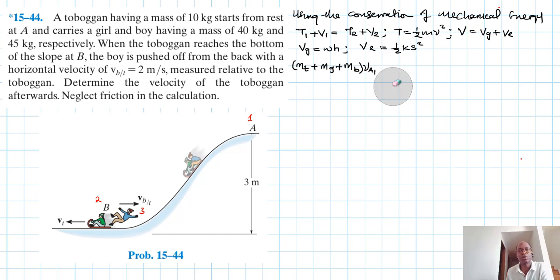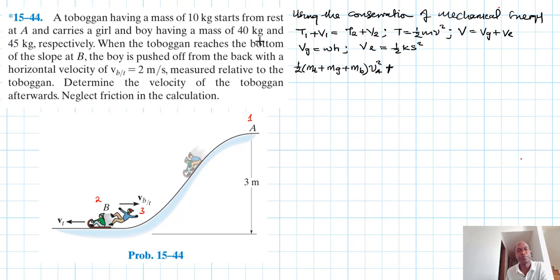Sorry, we are using the conservation of energy, so it is half M total, where this total is MT plus MG for girl plus MB, times VA squared at state 1.